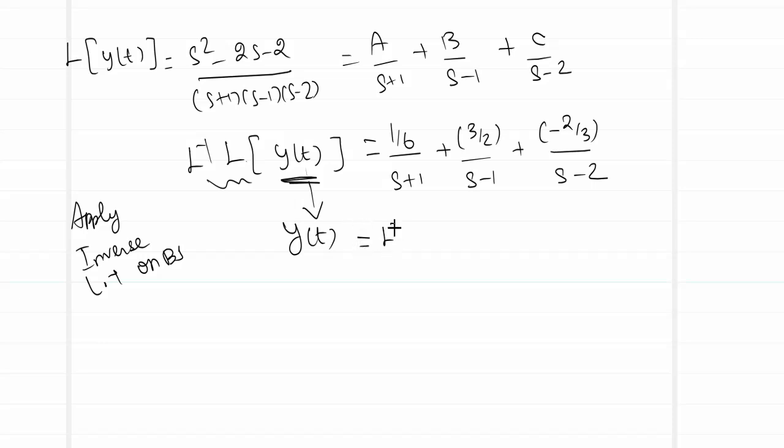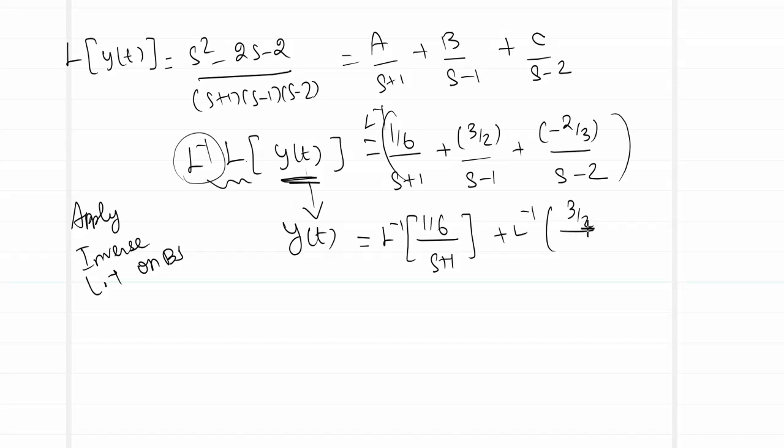This will become Laplace inverse of, because I am taking Laplace inverse on both sides, 1 by 6 by s plus 1. Let me split it into separate values. Laplace inverse of 3 by 2 divided by s minus 1 plus Laplace inverse of minus 2 by 3 by s minus 2.